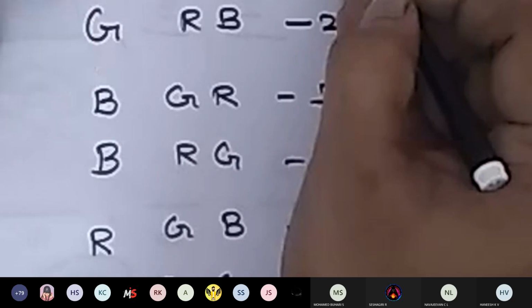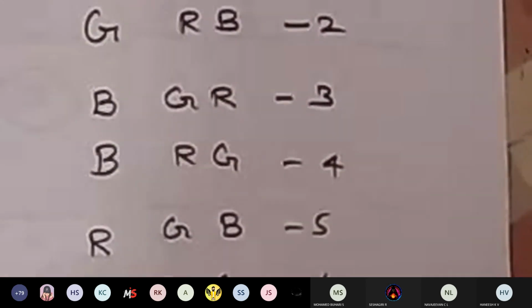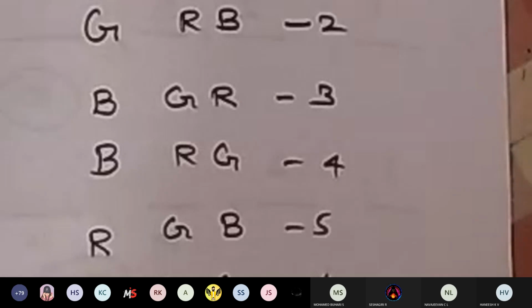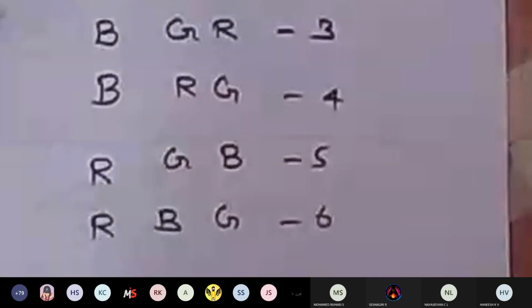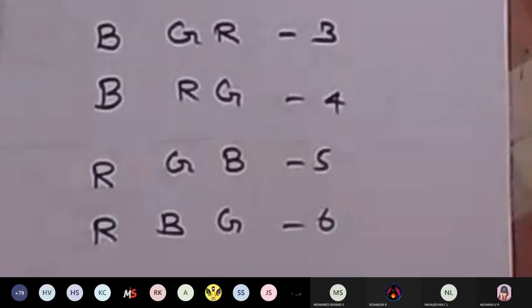Tell me what are the remaining ways. I have taken green first in 2 arrangements, since you have 2 different colors left. Blue, green, red; blue, red, green. Then red first: red, green, blue; red, blue, green. That's it. So now tell me how many combinations are there. Did I leave any ways out? 90 plus students are here and I'm able to hear only 1 or 2 voices.